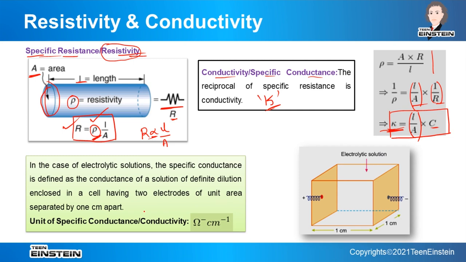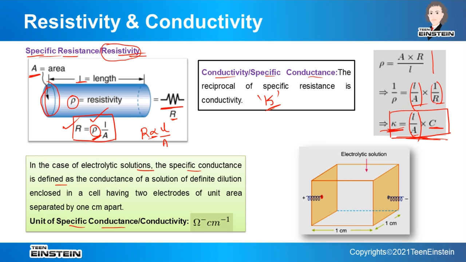Now we will go into details of specific conductance, because from now on you will see its use is very frequent. In the case of electrolytic solutions, just look at this equation carefully to see how specific conductance is defined. Kappa will be equal to C, that is conductance, only when the L value is unity and the A value is also unity. So suppose L is 1 centimeter and A is 1 centimeter square.